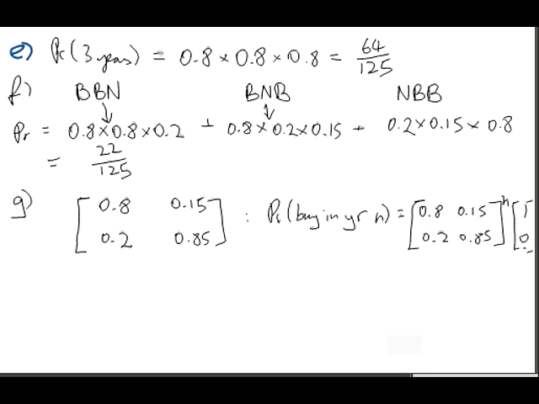One is, you know that as n increases, p decreases, right? The longer it goes on, the probability will decrease until it reaches a steady state probability, correct?